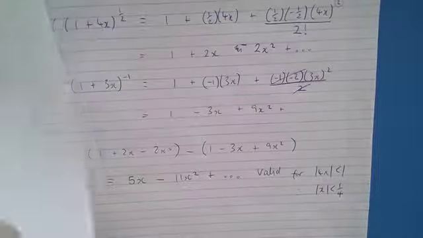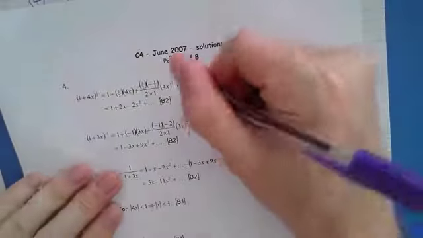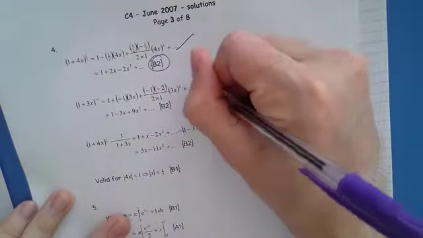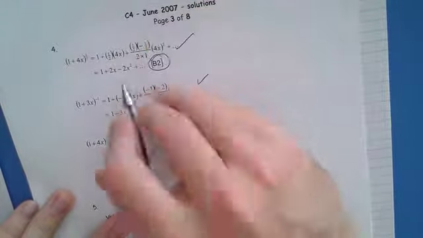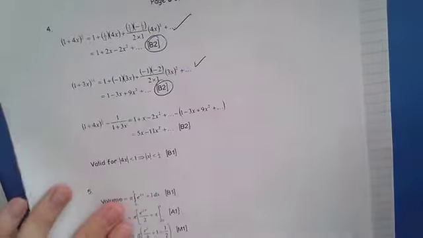Let's have a look at the mark scheme. Well, I can breathe a sigh of relief because I've got it right. So where do my marks come in? For the first expansion, I'm getting 2 marks. For the next expansion, again, 2 marks. That'll be 1 for each line: 1 for actually subbing in correctly, and then 1 for simplifying.